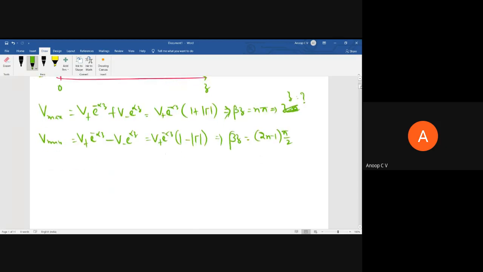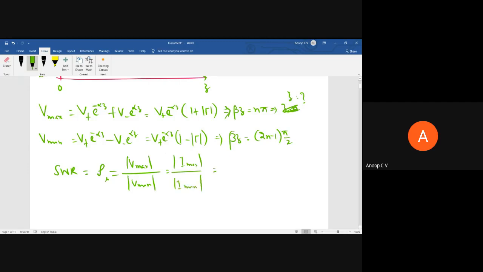Then we obtained the expression for the standing wave ratio. We have written it as rho, and that is equal to the ratio of the magnitude of maximum voltage to minimum voltage, or also the ratio of maximum current to minimum current.